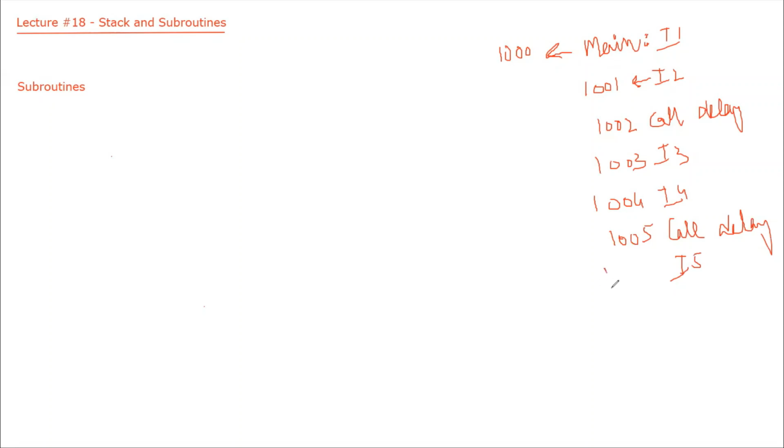This is 1006. Now let's say this is the delay subroutine. This delay is stored in memory. The delay subroutine will be a set of instructions, and we know every instruction is stored in memory. Let's say the delay has the following instructions: I8, I9. Let's say it is stored at 2000.